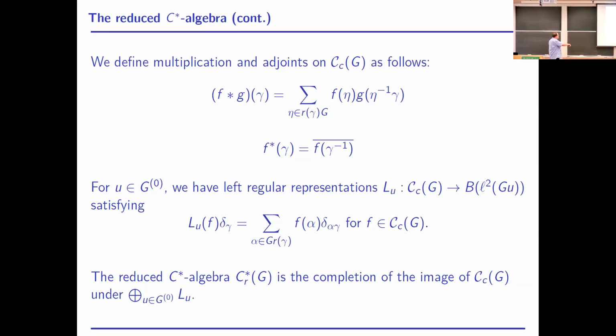So for every unit u, we have left regular representations, L_u, from our curly C into the bounded operators on L2 of G_u. So this is all the elements that have source u and that satisfy this equation. And the reduced C-star algebra is just the completion of the image under the direct sum of all of these left regular representations. So we lost continuity, but the rest of the construction goes through.